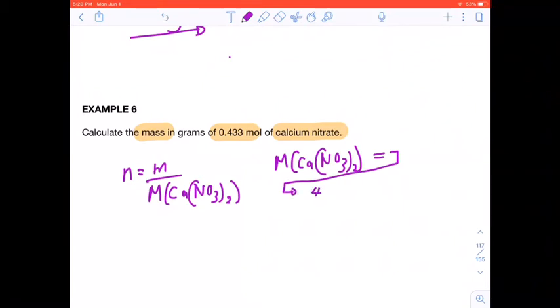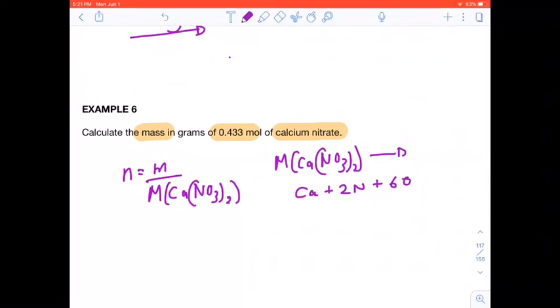Calcium is 40, plus... maybe let me write it out like this. This implies 1 calcium, 2 nitrogens, and 6 oxygens.